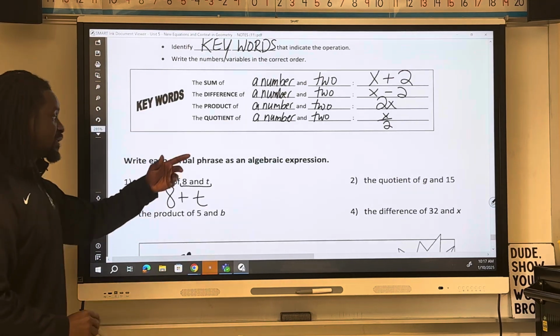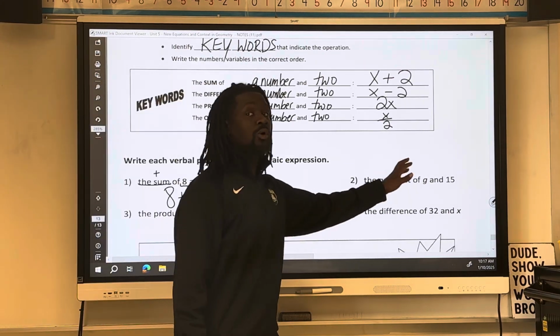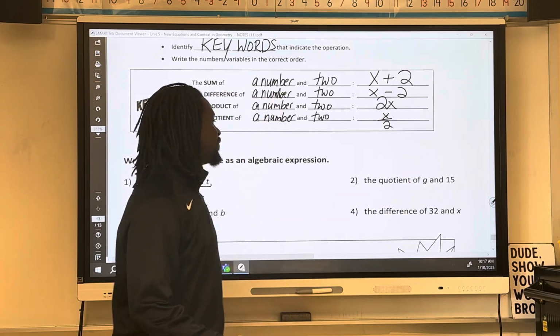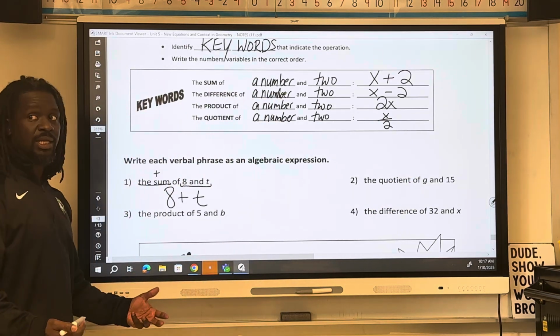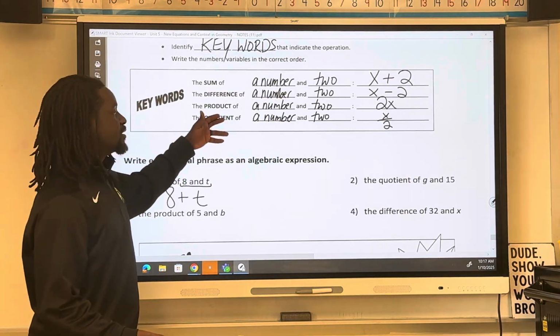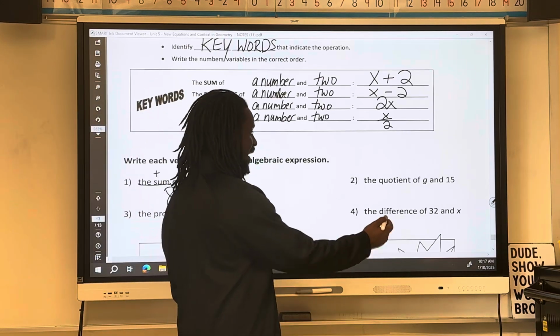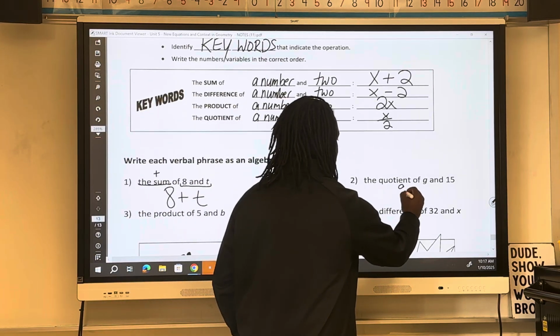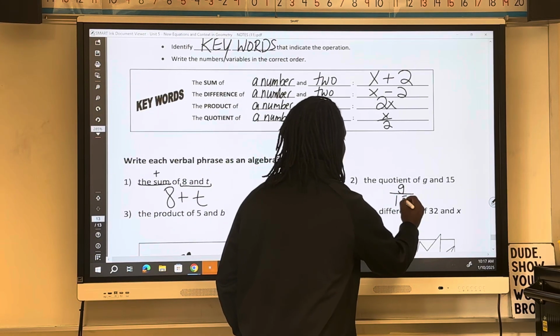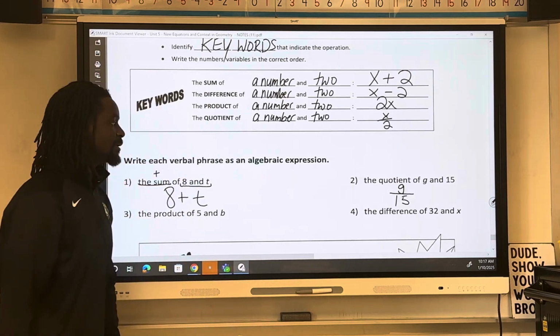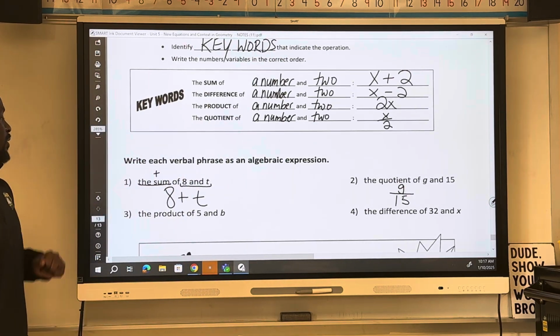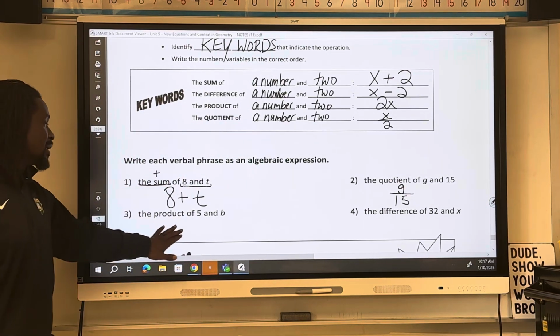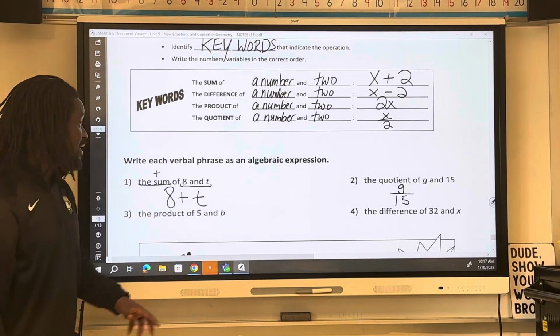Let's look at the second one. The quotient of g and 15. Quotient is the answer to a division problem, so I have to divide g divided by 15. Number 3, the product of 5 and b.